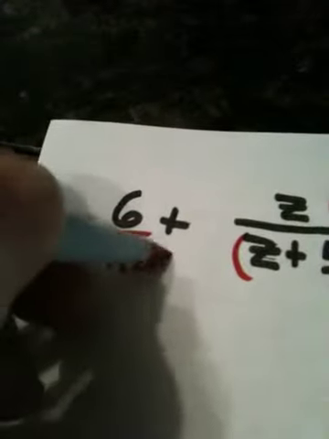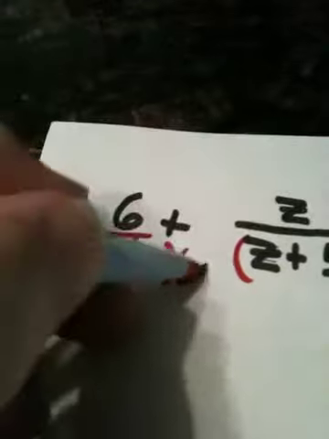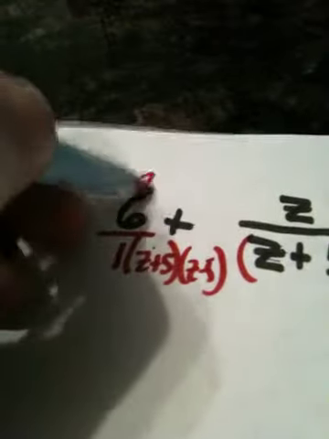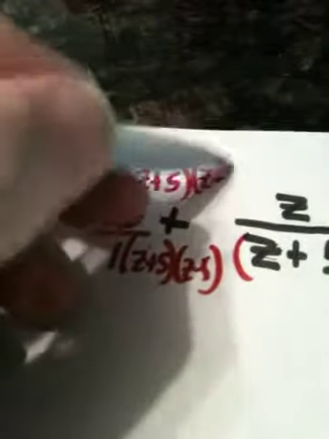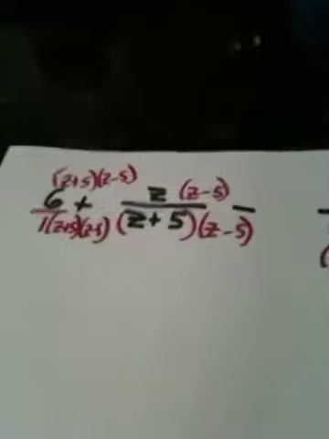And this one's going to get ugly because here I'm missing a z plus 5 and a z minus 5. Okay? Ugly, ugly. Now here's what's happening.